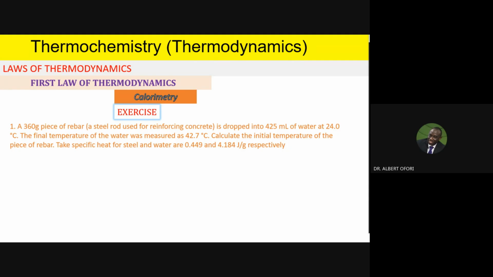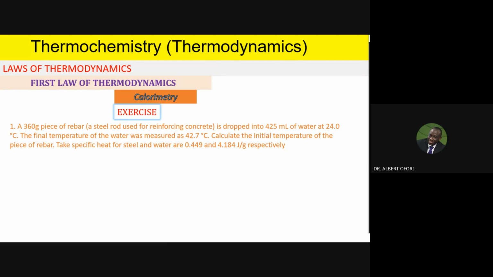If you are using molar heat capacity, then the capacity is divided by moles, times the mass, so that's a molar specific heat capacity. So the mass times that, times the change in temperature. That's that.